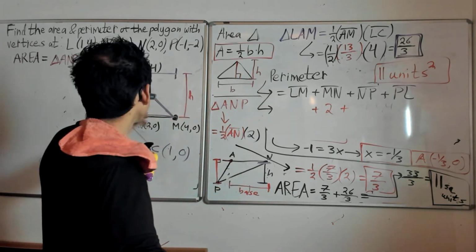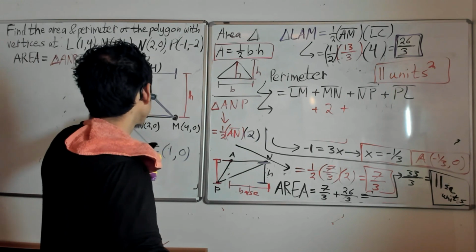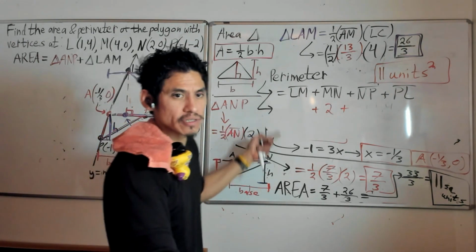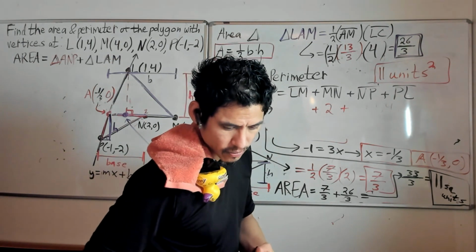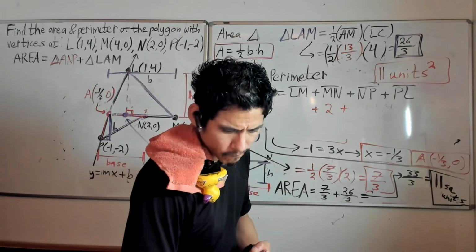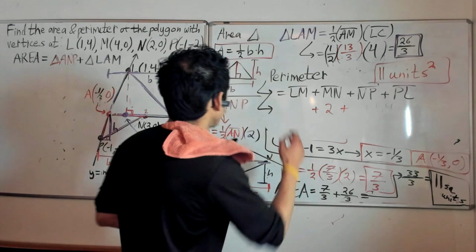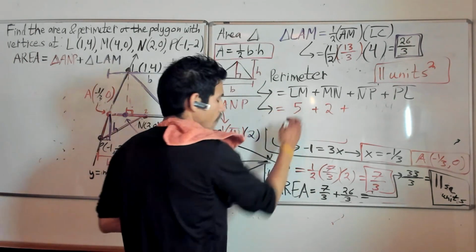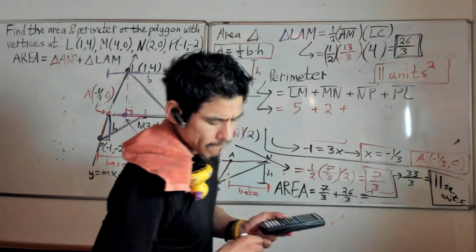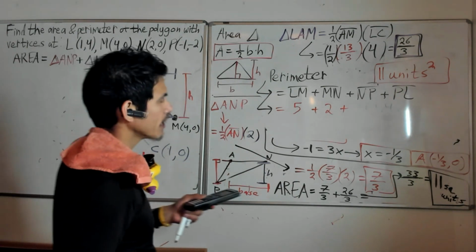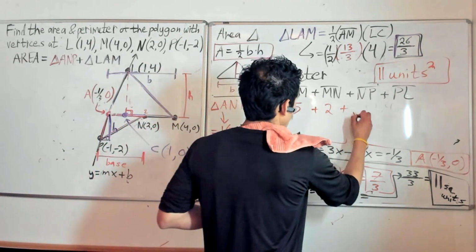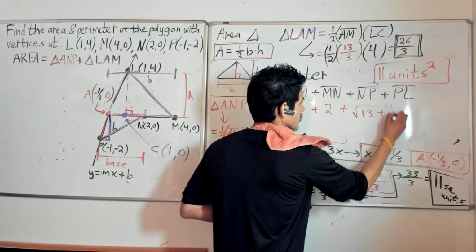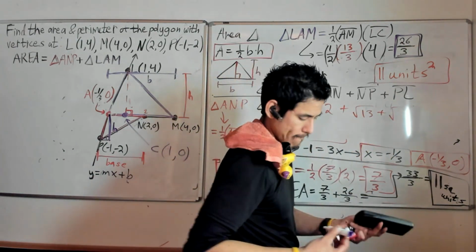But feel free to work it out on your own because this is just a tedious calculation. So just trust my math. Let me use my calculator. LP will be 5. And NP, we got square root of 13 plus the square root of 40.